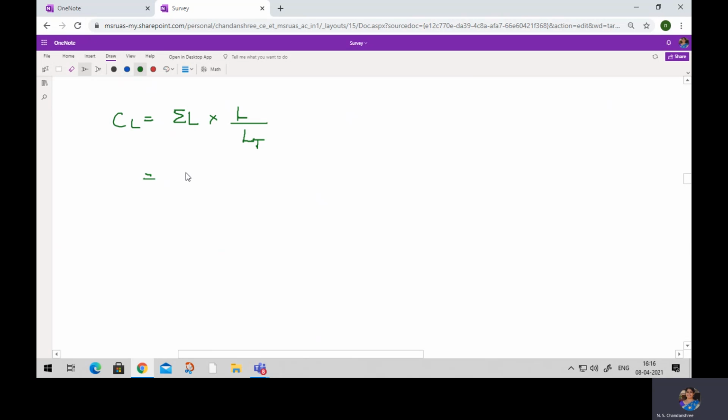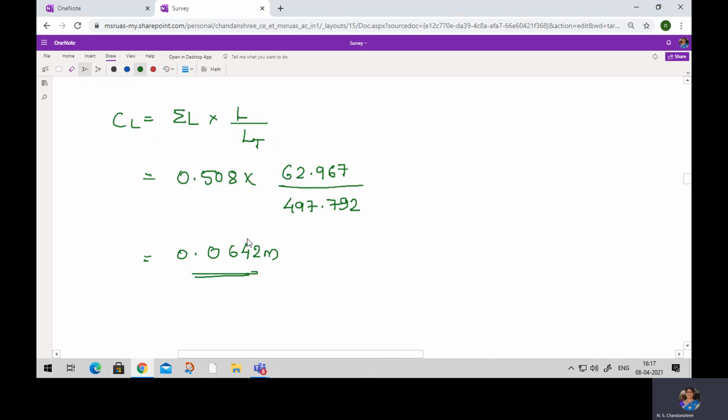So for the line AB, sigma L is 0.508, this remains same, multiplied by latitude of that line AB, that is 62.967 divided by arithmetic sum is 497.792. So correction for latitude is equal to 0.0642 meters. This is for the line AB.